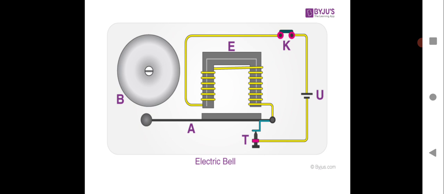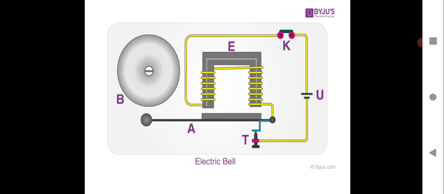So it is going to strike on the surface B actually. Below B you see the gong, that is a dark sphere you can see. And this is the electric bell. Please draw this diagram in your notebook, children.